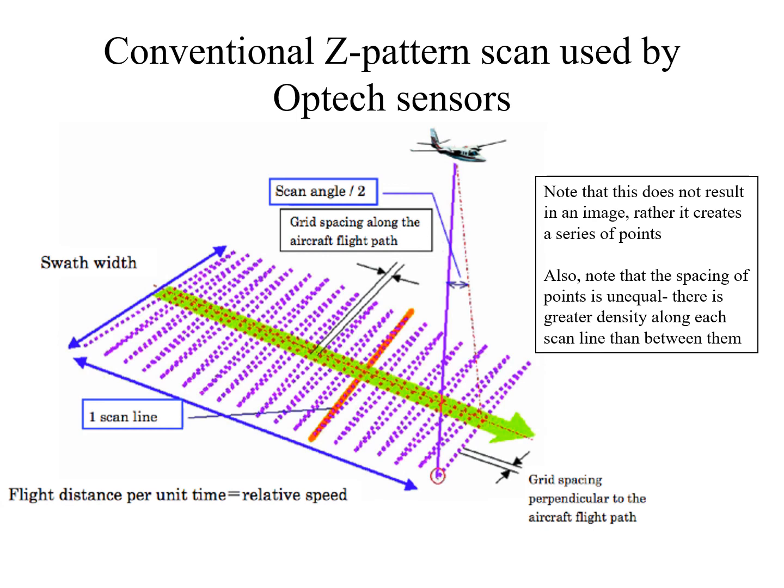So this is just to show you the conventional Z pattern used by Optech sensors. That yellow line is the flight line of the plane, and you're going back and forth with these pulses. One thing to note is when you purchase LiDAR data, they will say, we're going to get you 12 shots per meter squared, which sounds great.